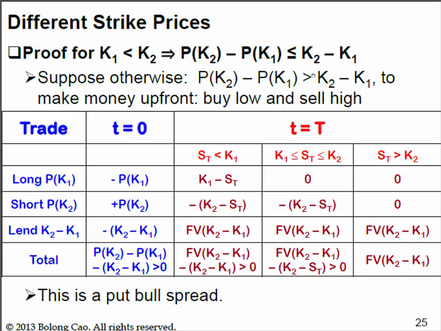Again, we do the same thing. With the same argument, we assume this condition is violated. Now this one is not as obvious as the previous one, so maybe you can really see it in the market. Take a look at the difference between the two premiums and look at the difference between the two strikes. You see there's a violation there.